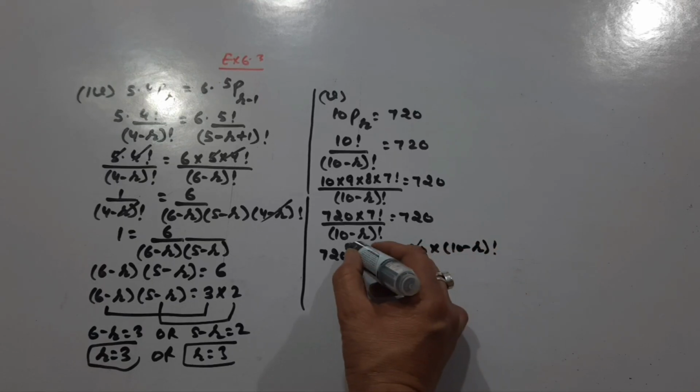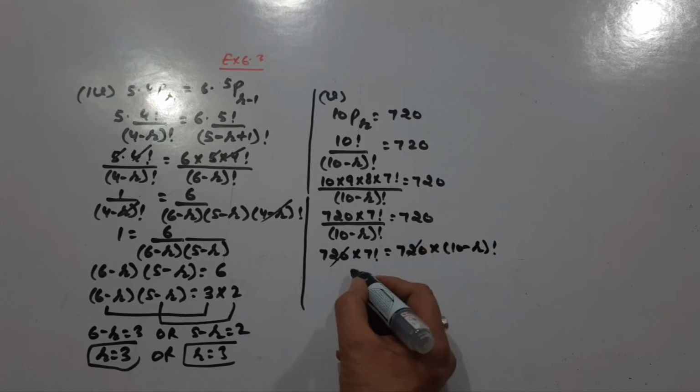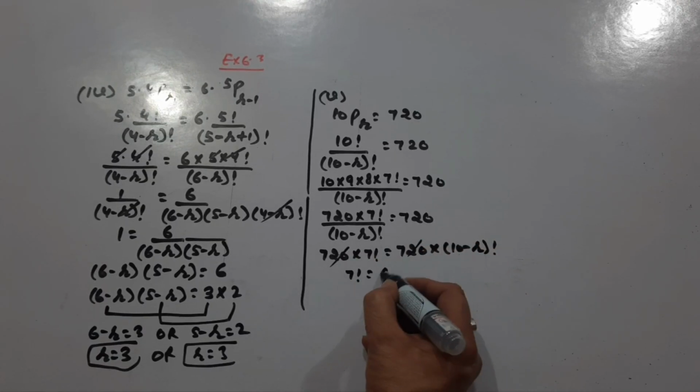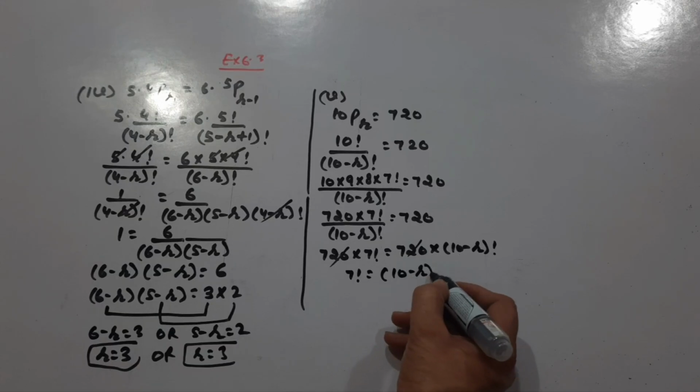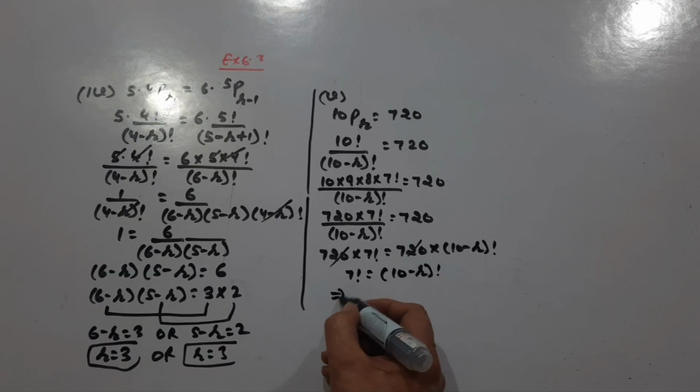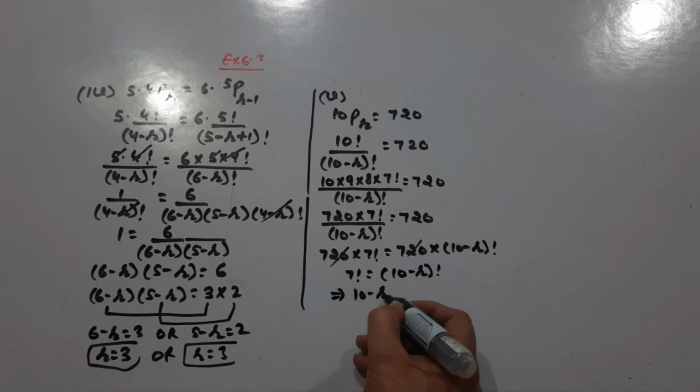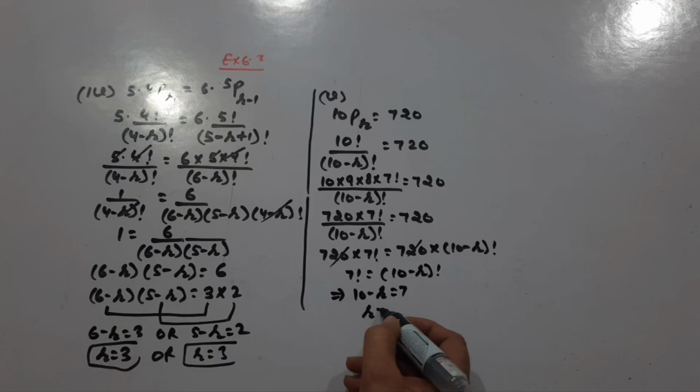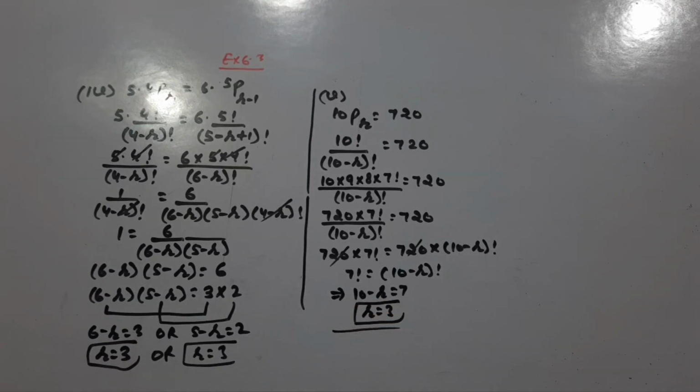So cancel these two. So what we get? 7 factorial is equal to (10 minus r) factorial, or it implies 10 minus r equal to 7, or we get r equal to 3. So this is the answer of fifth part.